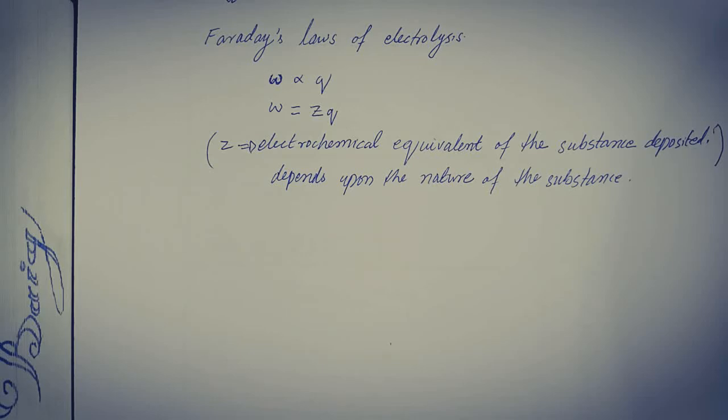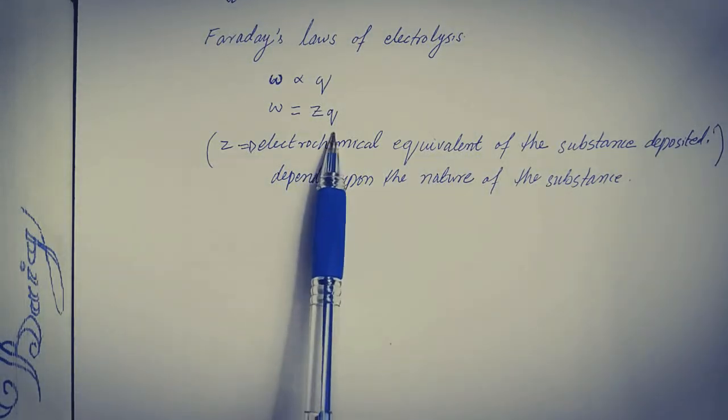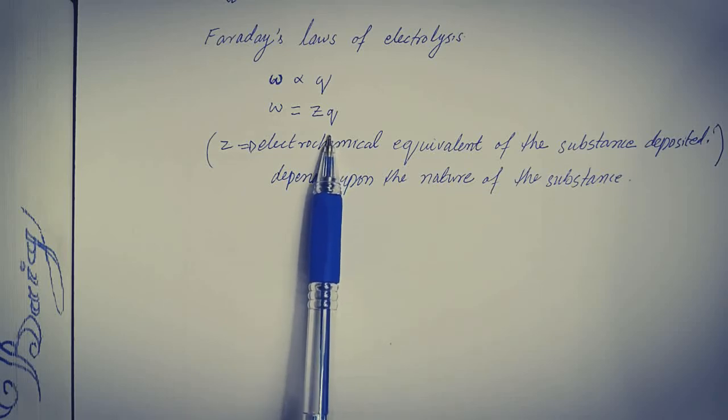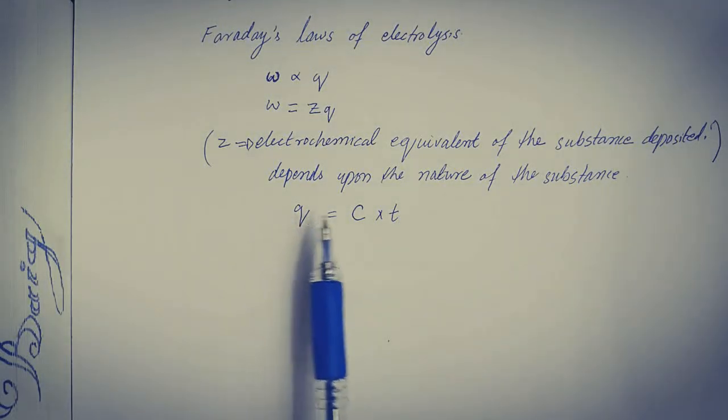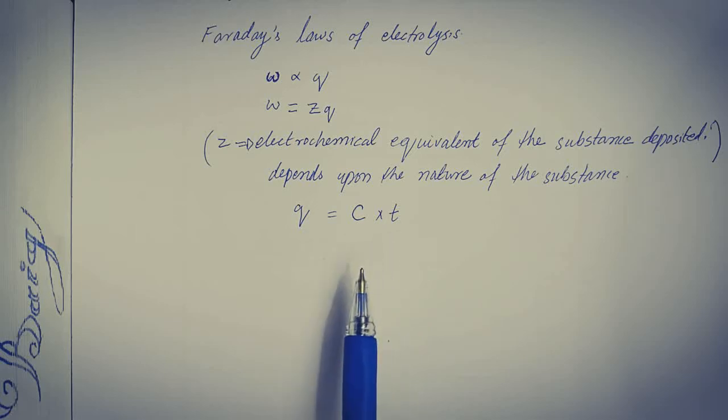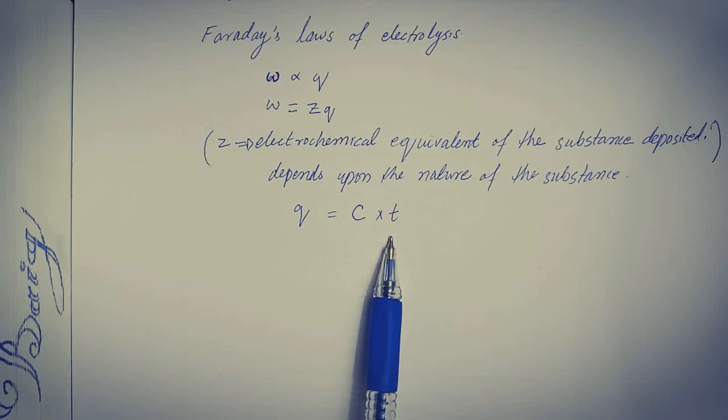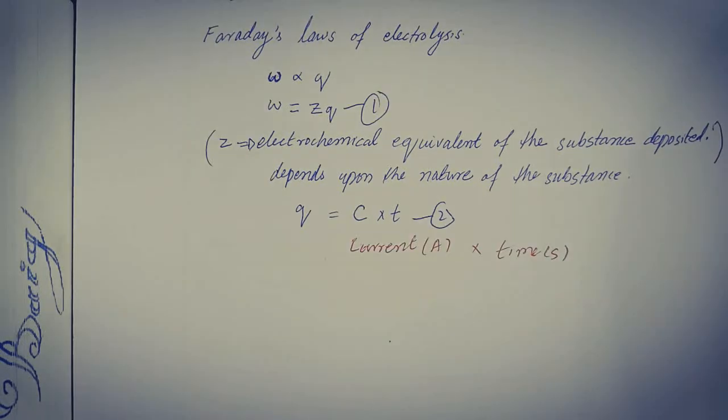So here in this first law we have expressed the electricity in terms of the charge that is given in coulombs. So the quantity of electricity in coulombs is the product of the current in amperes and time in seconds. So here we get two equations, so we can combine these two equations.